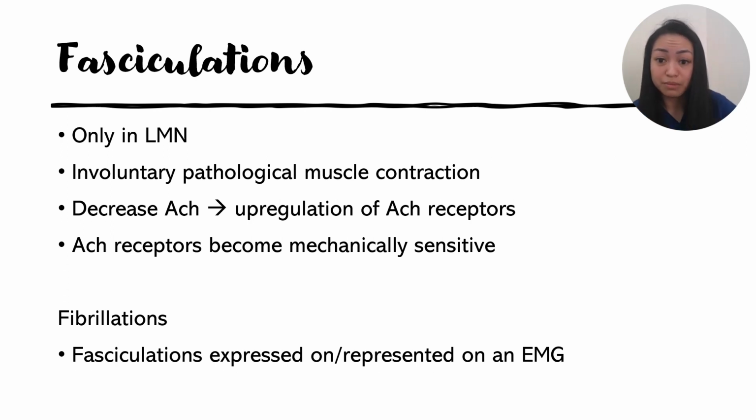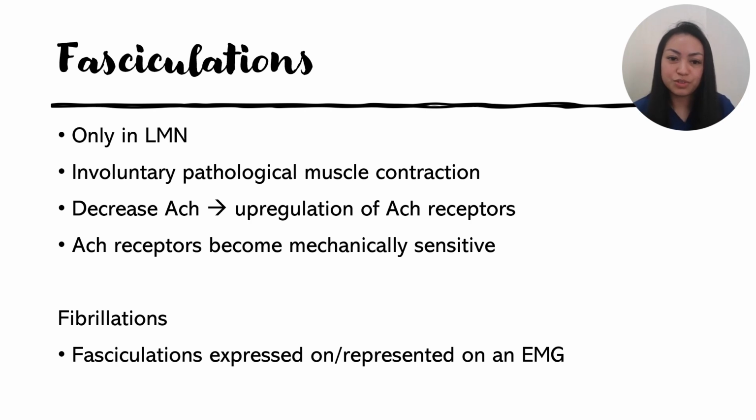Whereas the real problem is that the lower motor neuron is not releasing enough acetylcholine to begin with. So the muscle responds by increasing the amount, upregulating the number of acetylcholine receptors. Normally these acetylcholine receptors are chemically, or ligand, gated, so they only respond to a ligand, like acetylcholine binding to them.